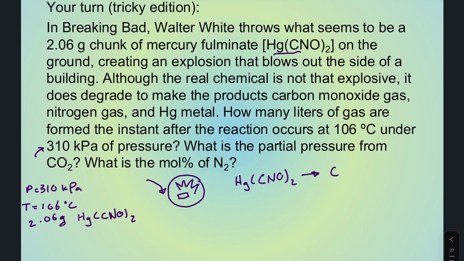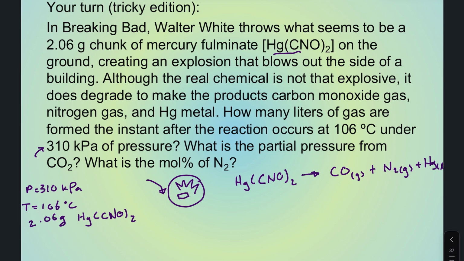So carbon monoxide, and that is a gas, plus nitrogen gas, N2, that's a gas, and mercury metal, which is a liquid, so Hg with an L.